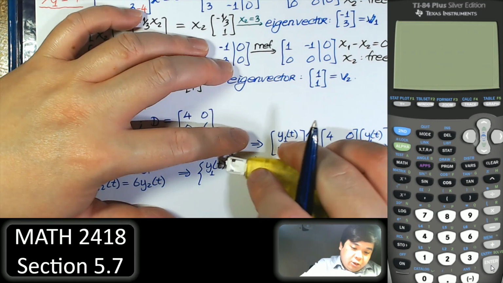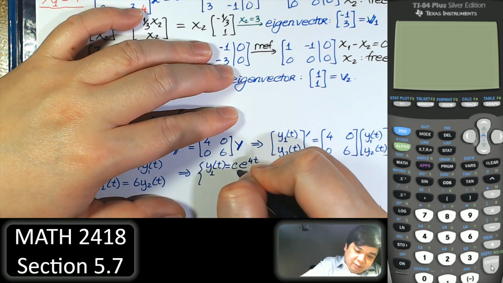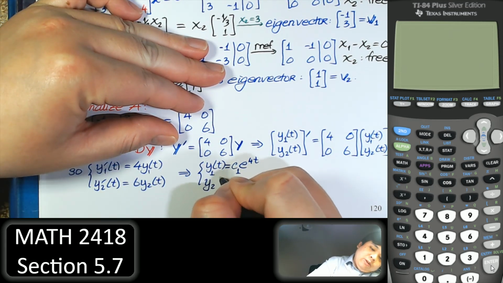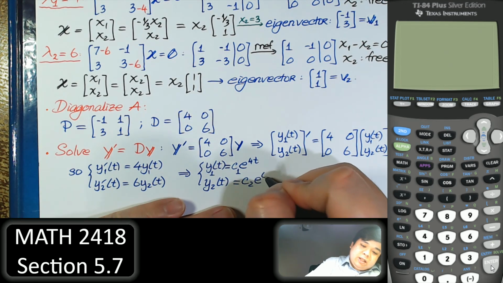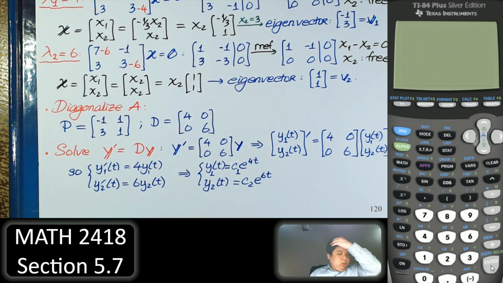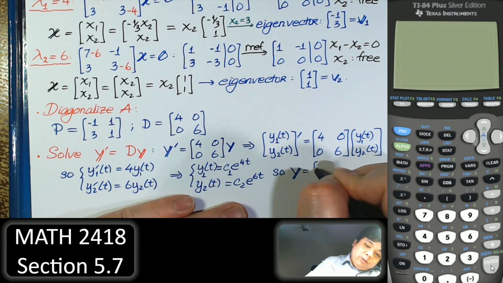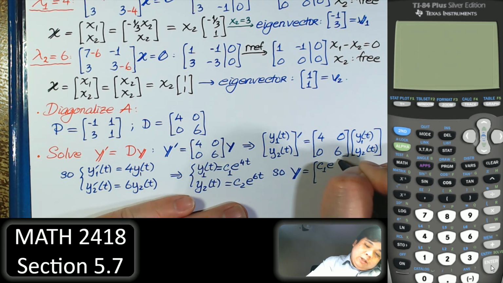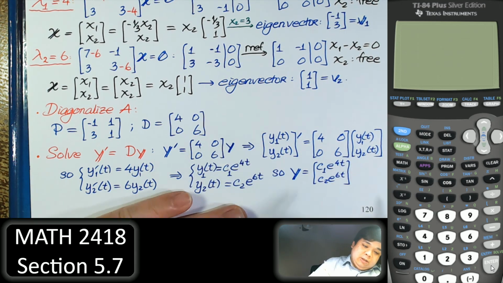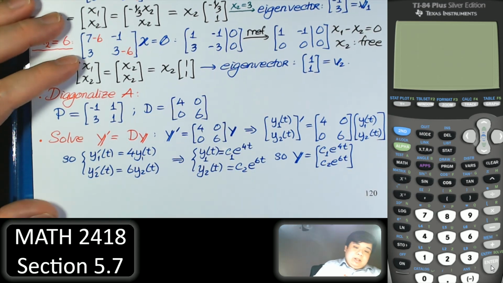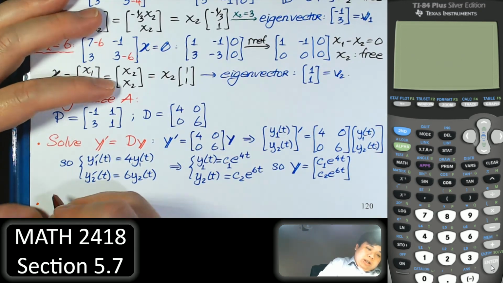There's a constant to it, so let's say c1, and y2 is c2 e to the 6t. So we have y1 and y2. So the vector Y equal to c1 e to the 4t, c2 e to the 6t, and finally X is equal to PY.